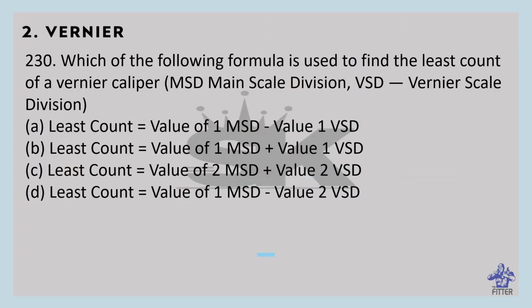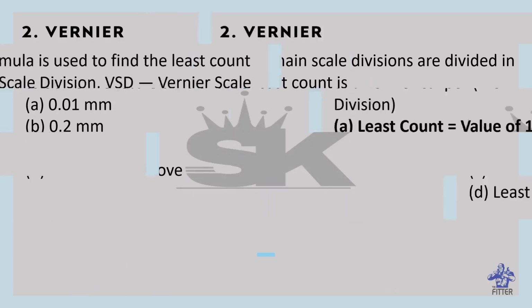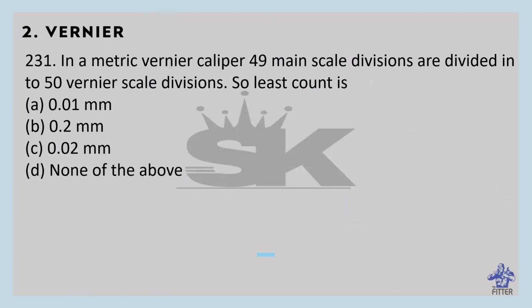Which of the following formulas is used to find the least count of a vernier caliper? That is least count equals the value of 1 MSD minus the value of 1 VSD. In a metric vernier caliper, 49 main scale divisions are divided into 50 vernier scale divisions. He is asking about the least count.